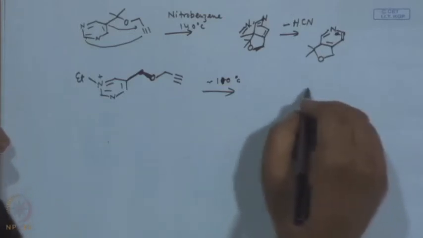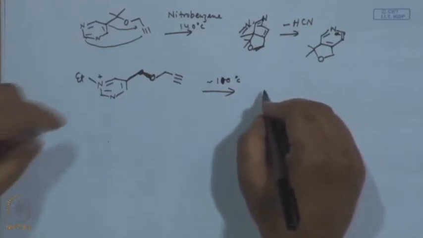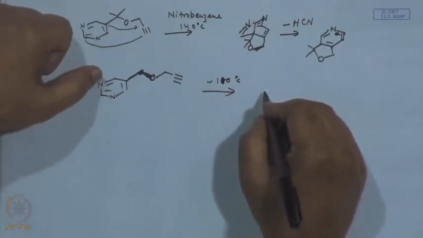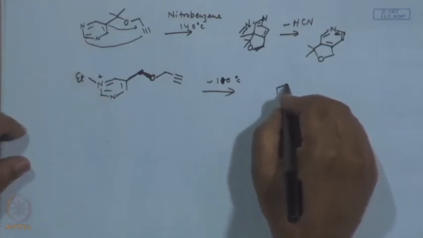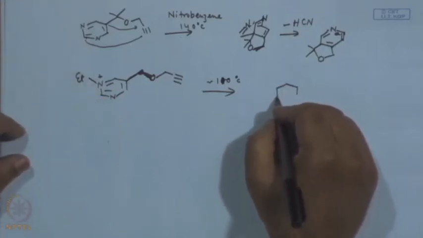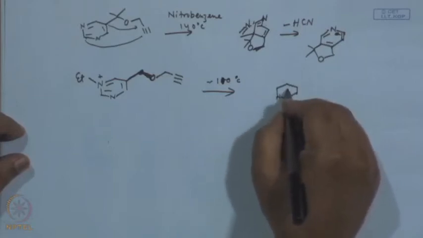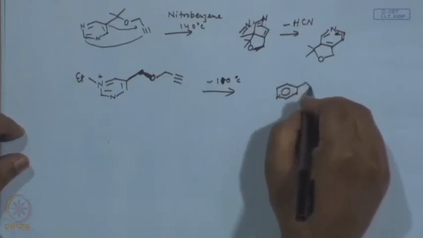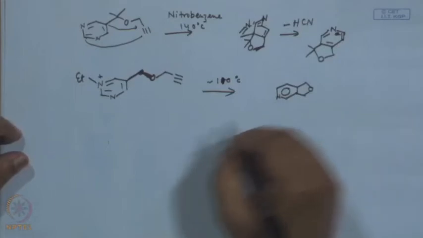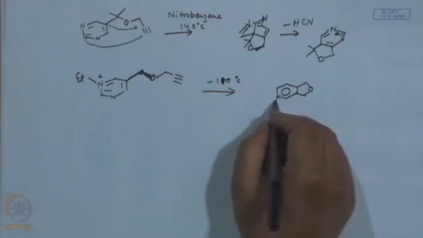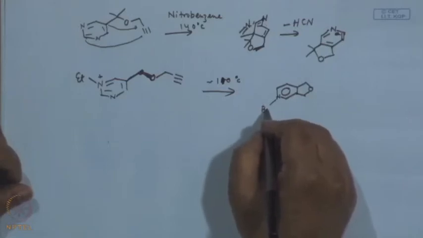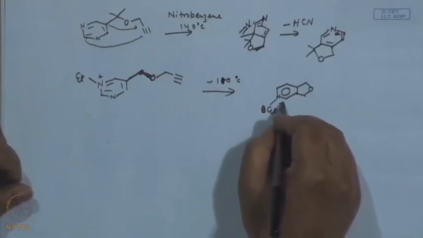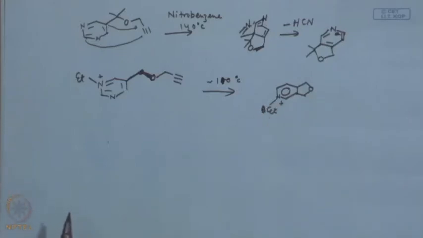And if you do the Diels-Alder, then there is a chance that this quaternized nitrogen would be lost or HCN would be lost, but in this case the HCN is lost. So, what you get, exactly like the way we got it, is the furopyridine case, the ethyl group and this. Okay.